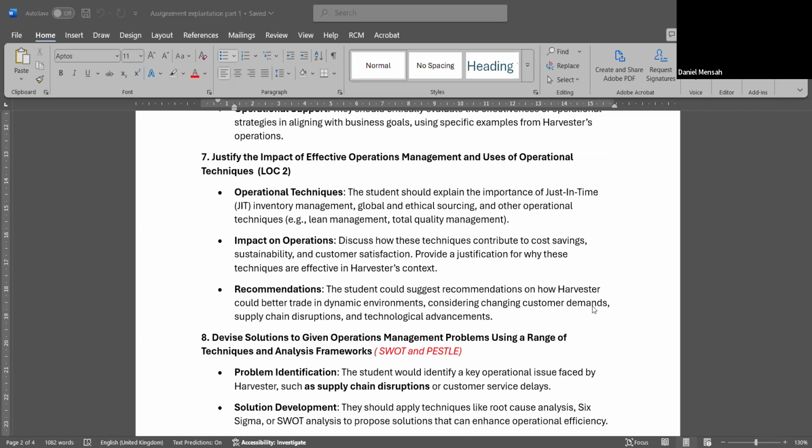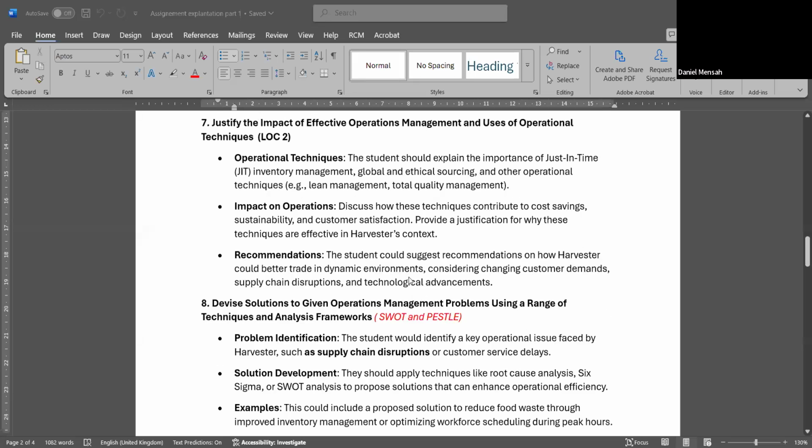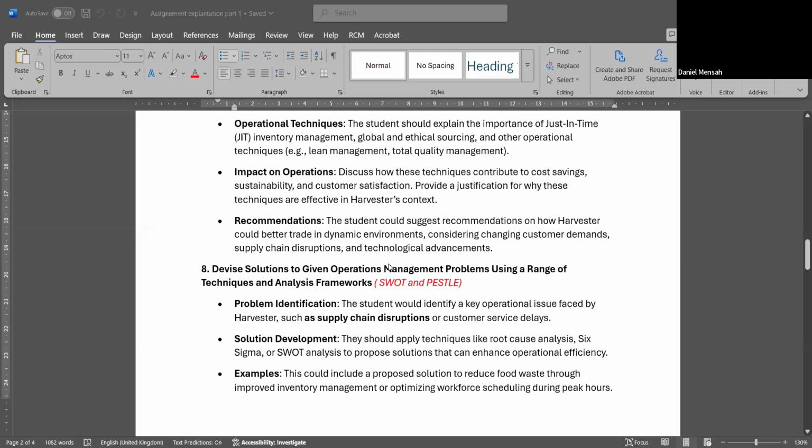Maybe customers are demanding healthy food, veg food. So how are they incorporating this customer demand in their operational techniques? You can connect with global and ethical sourcing, or with the other operations. You can include these things there.